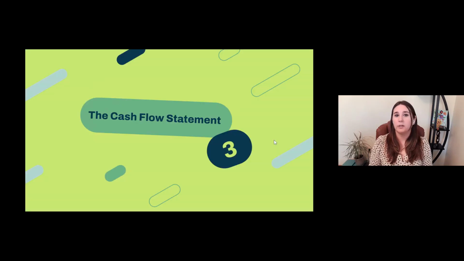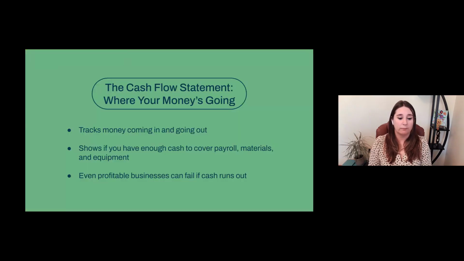The third one that we'll talk about is the cash flow statement. This one is really unfamiliar to a lot of people and is one that takes time to really understand. But it is a really important tool within your business to understand quite literally where your cash is going. There are three different sections that this contains: your operating, your financing, and then your investing.